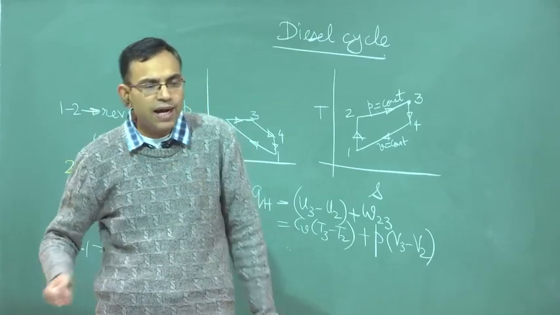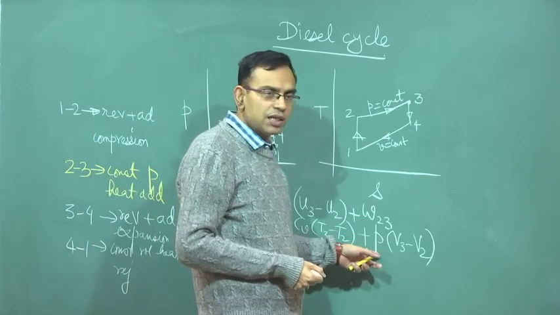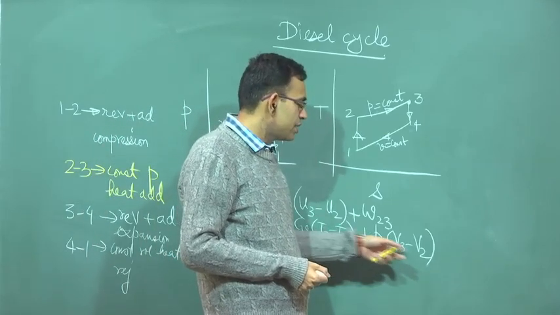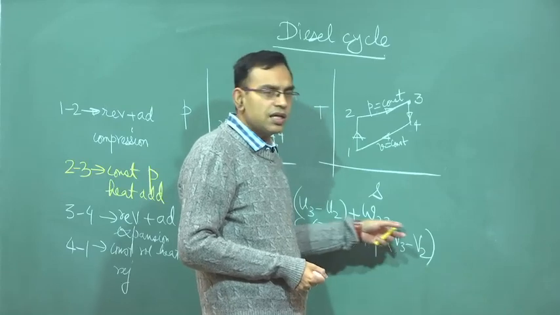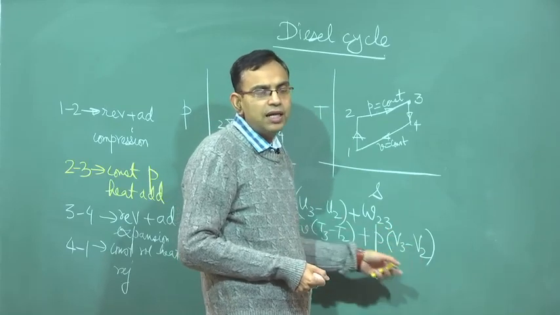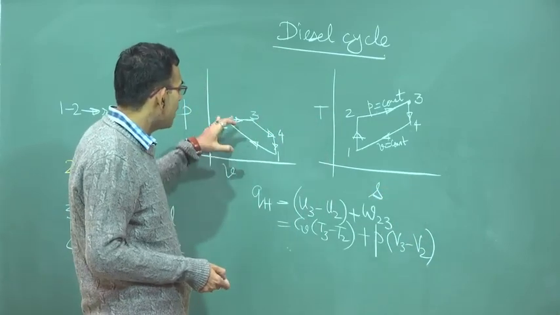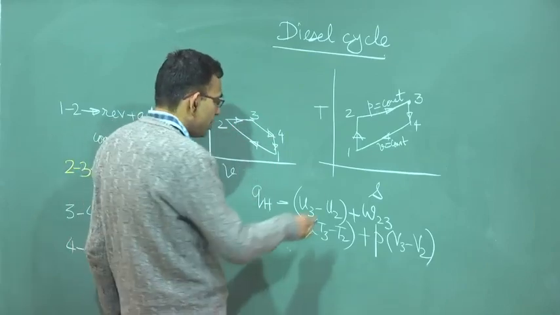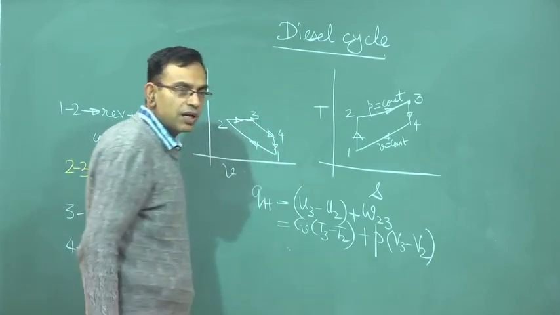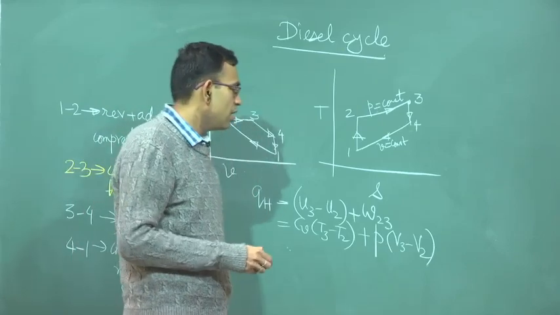Once you do that, during the fuel injection process, in which the chemical energy of the fuel is input to the highly compressed air, you will have roughly a constant pressure heat addition process. So, that is why this difference between the heat addition processes in Otto cycle and diesel cycle.